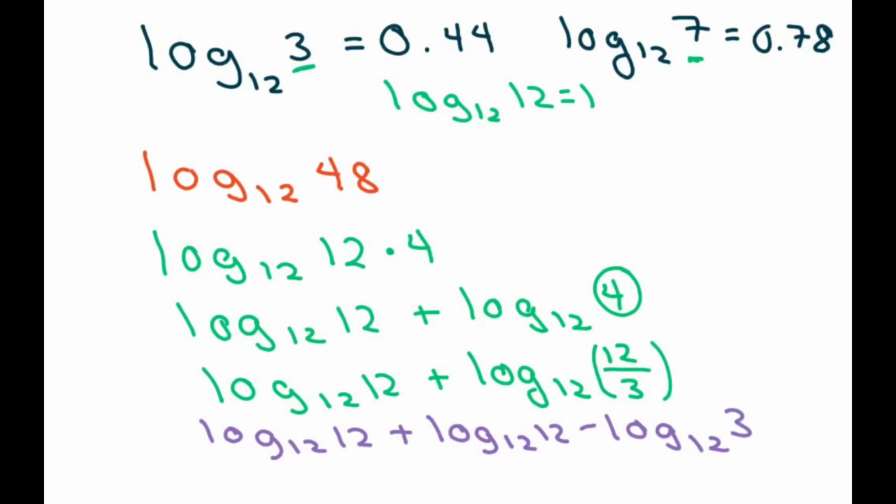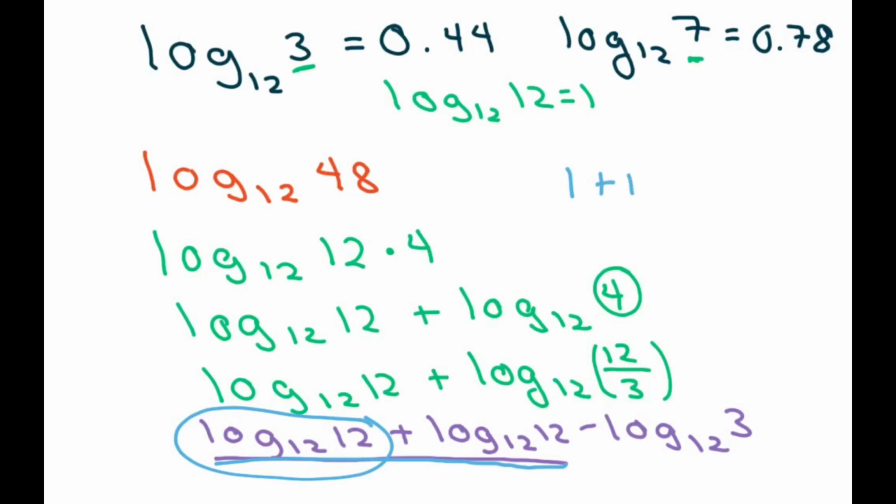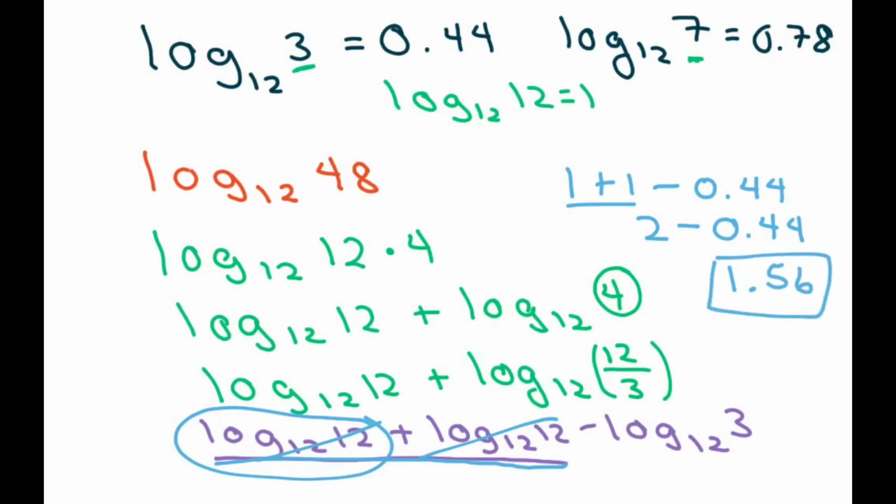And you just read all this from left to right. So these two right here, this is 1. So 1 plus 1, those two were 1, minus 0.44. So this equals 2 minus 0.44, which equals 1.56.